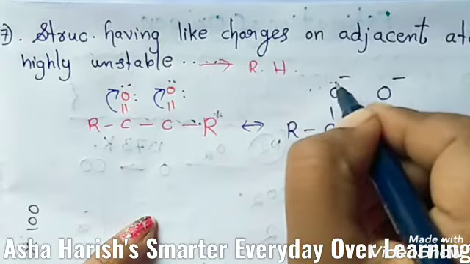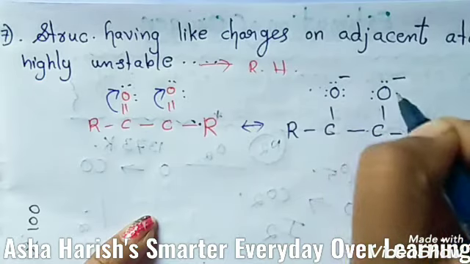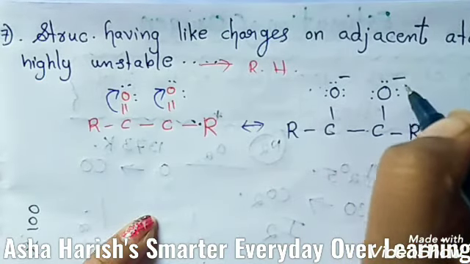And what about the lone pairs of electrons here? 3 pairs of electrons should be located here on the oxygen atom.